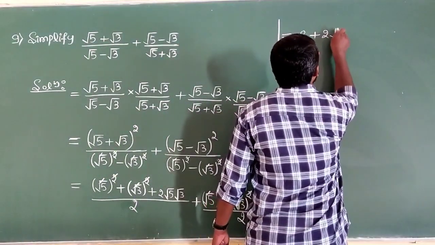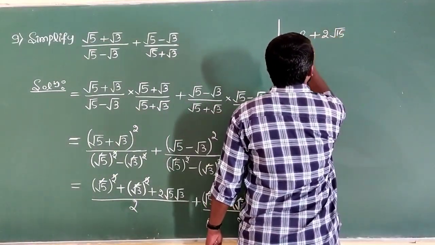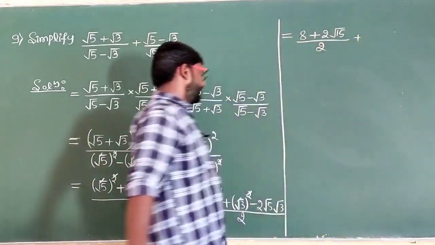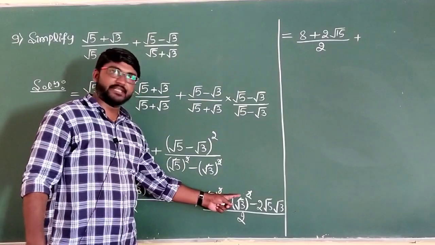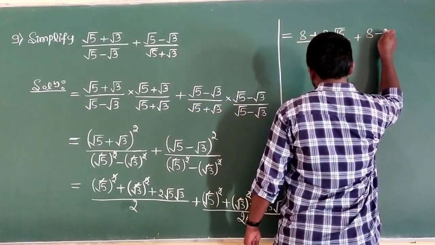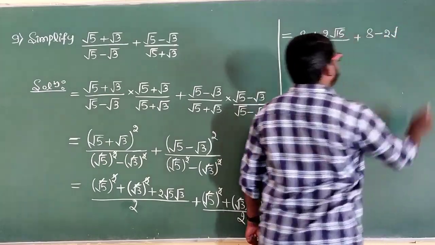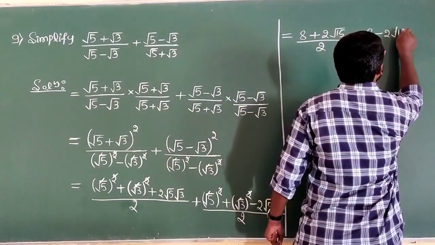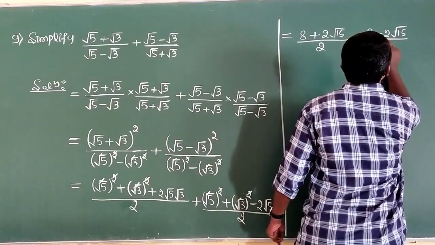We get root 15 divided by 2, plus here again we have 5 plus 3, it is 8. 8 minus 2 times root 5 into root 3 will be root 15. Root 15 divided by 2.